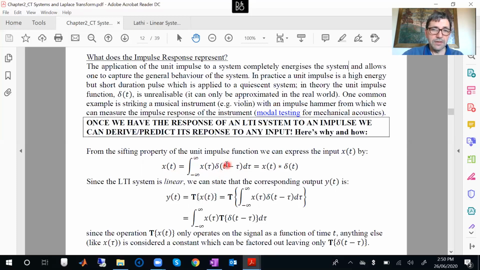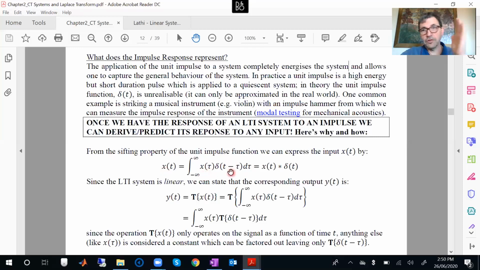What it really means is that you consider the input as an integral, or more correctly, as a summation of little impulses that go across the input. You notice x tau is actually values of the input at all the values of tau that it exists from negative infinity to plus infinity, and at each point you just have an impulse.